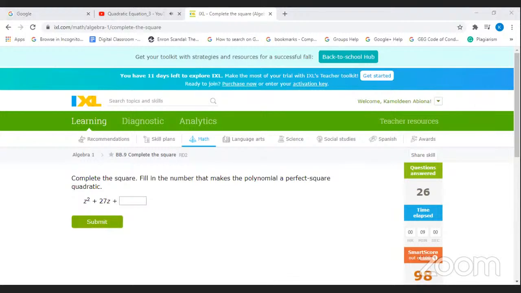From our first assignment, we have z squared plus 27z. What must be added? That's question 1. Question 2. If you have z squared minus 13z, what must be added?